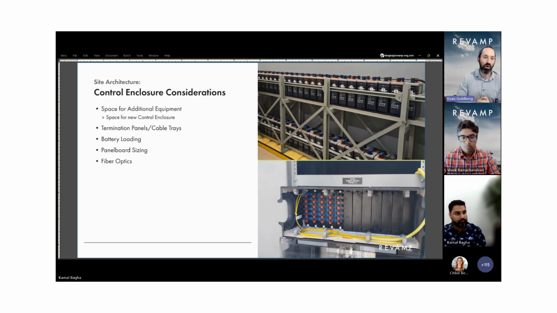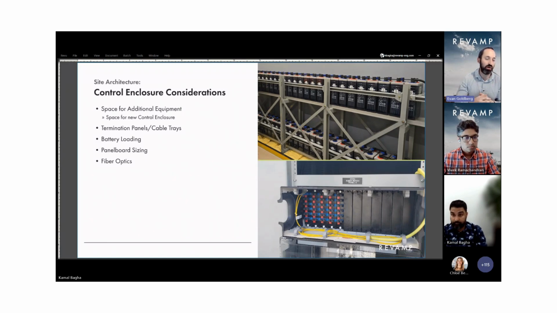You plan for all the controls, all the additional SCADA, etc. And if you didn't plan for it, well, there's a very real possibility that your control enclosure is not large enough to handle all that, and you may need to add a new control enclosure now.